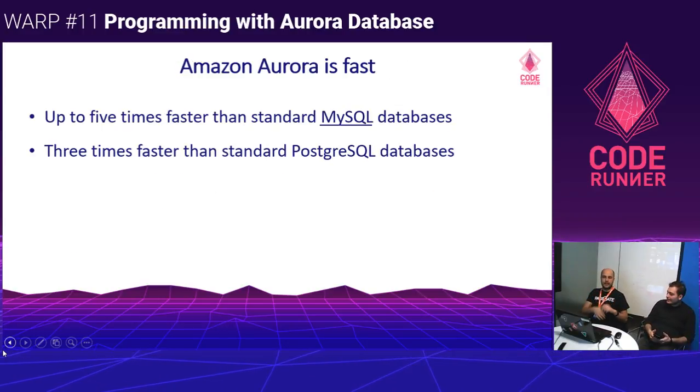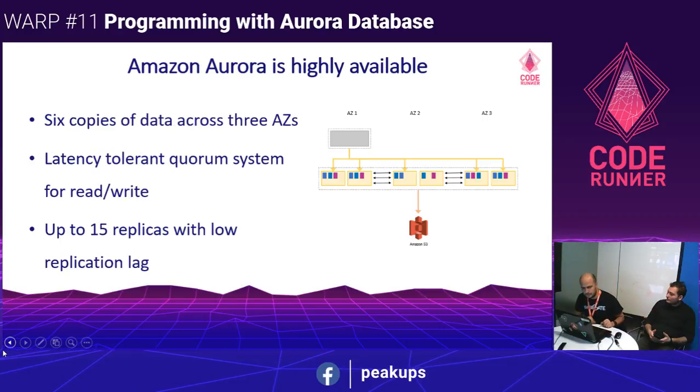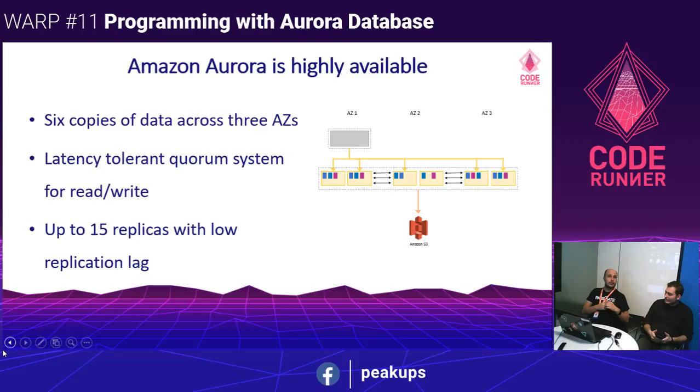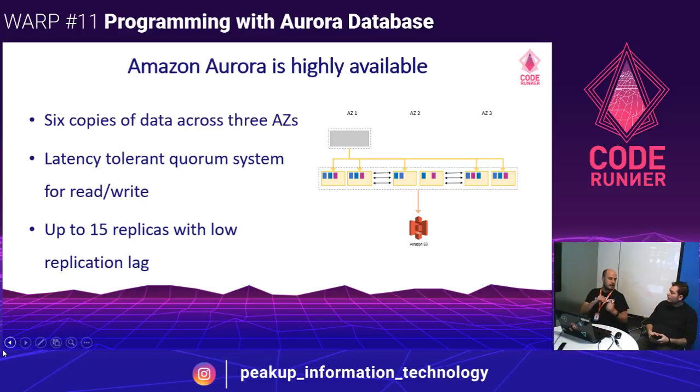Amazon Aurora is fast, up to 5 times faster than the standard MySQL database, and 3 times faster than the standard PostgreSQL. And Amazon Aurora is highly available. If you create an Aurora database, you have 6 copies of data across 3 availability zones in AWS.